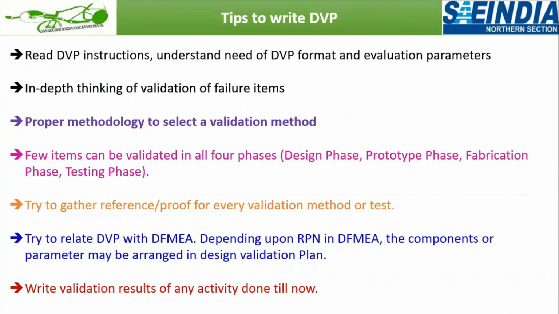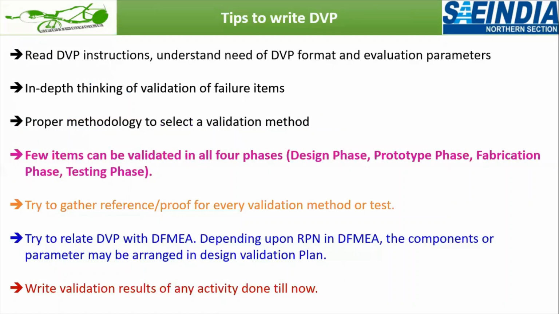Then use a proper methodology to select a validation method on the basis of your available resources, cost, quality, manpower, etc. A few items can be validated in all four phases: design phase, prototype phase, fabrication phase, and testing phase. So think about it.